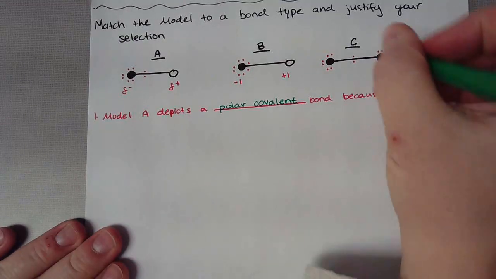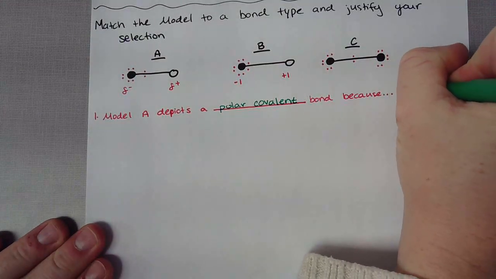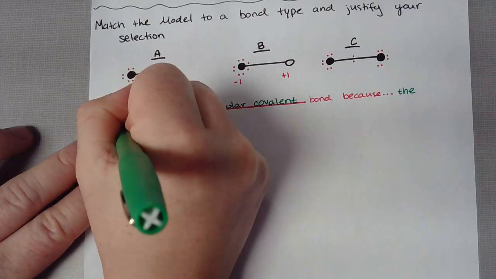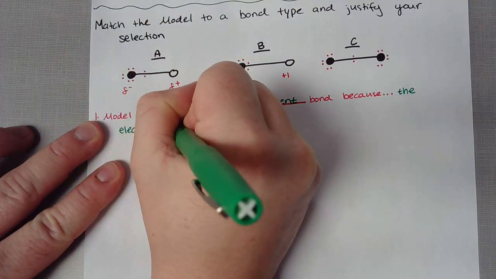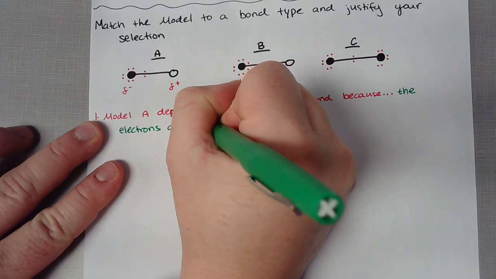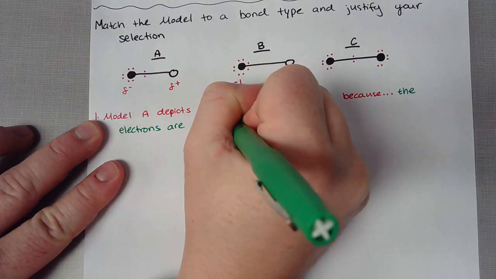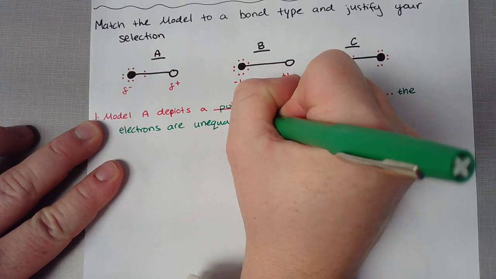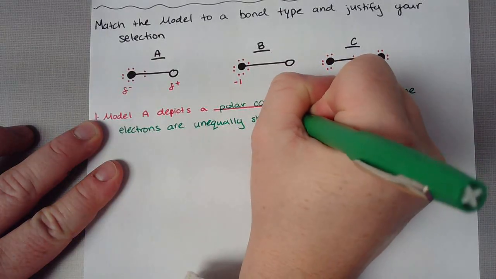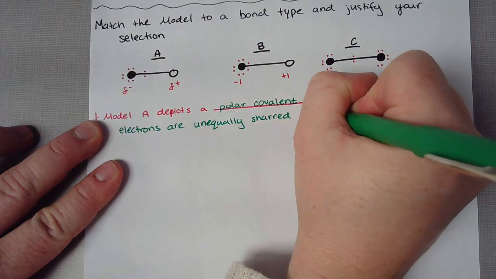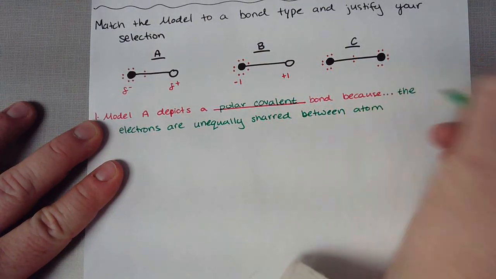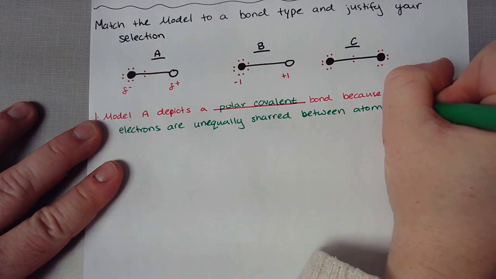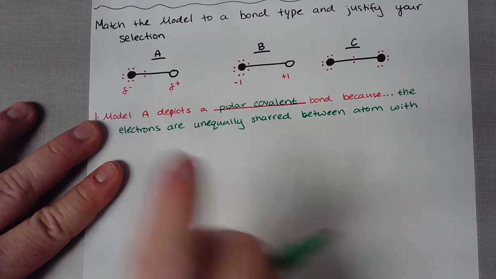The electrons are unequally shared between atoms, with, and then the symbol.